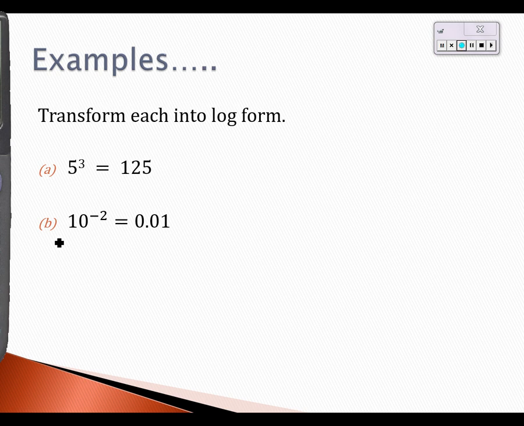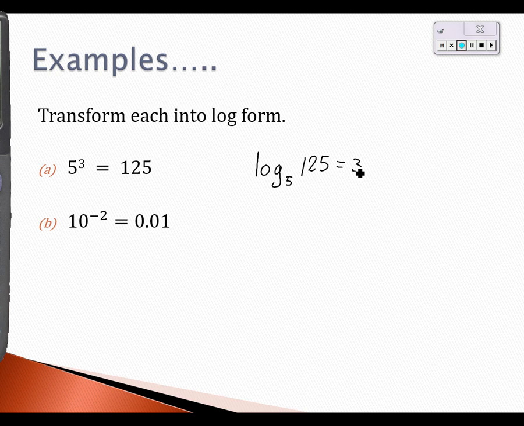Let's go the other way on these two here. I'd like Nathan, this is right now in exponential form. Can you give it to me in logarithmic form? Log base 5 of 125 equals 3, right?